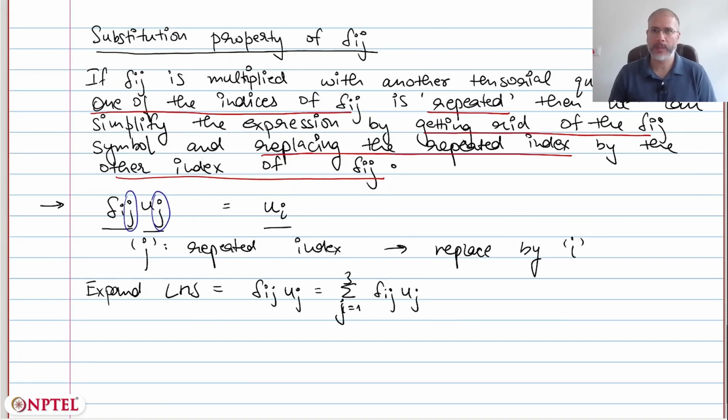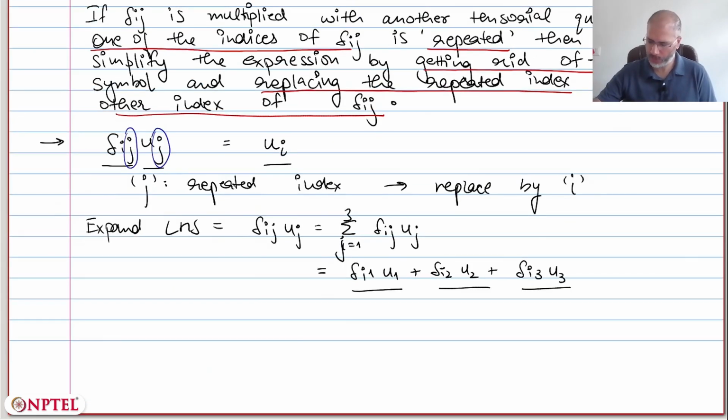This is from the Einstein notation or the summation convention, which expands to delta i1 u1 plus delta i2 u2 plus delta i3 u3. Now we can see that in each mathematical term, there is only one free index i. So i can take any value.